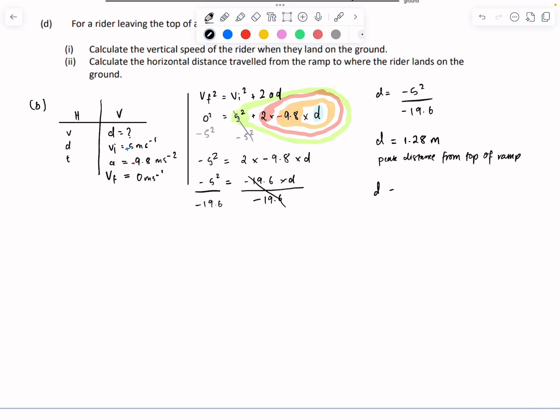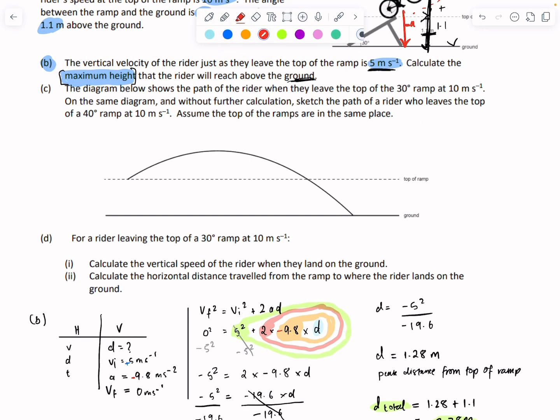So in total, d total vertically is going to be 1.28 plus 1.1, and that is going to give me 2.38 meters. Let's move on to C.